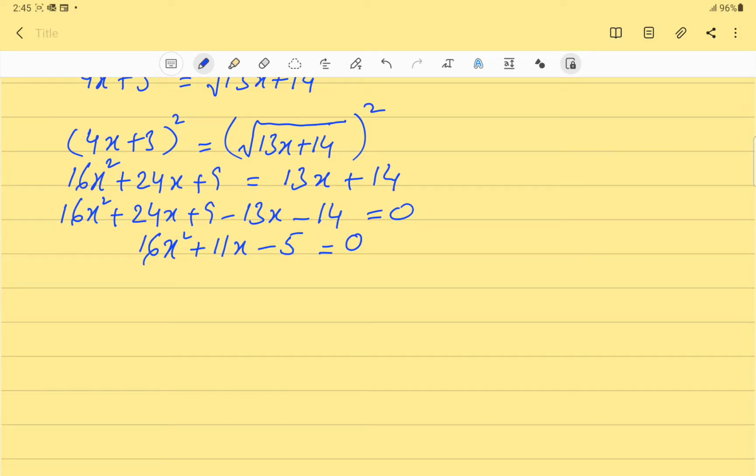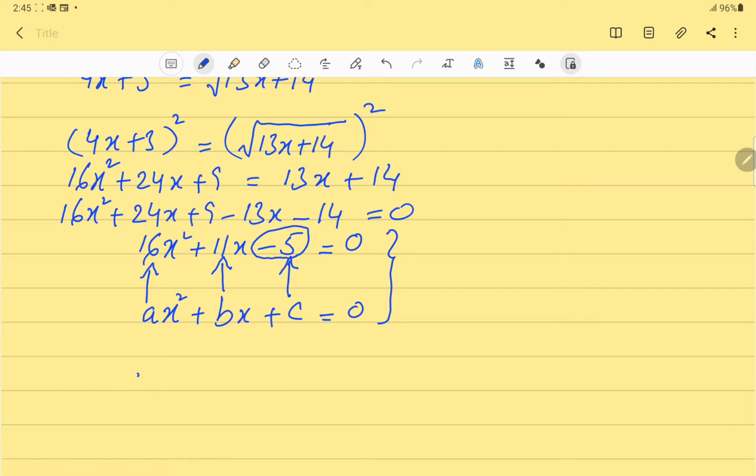The general form of the quadratic equation is ax squared plus bx plus c is equal to 0. So when we compare these two equations, we see that a is equal to 16, b is equal to 11 and c is equal to minus 5.